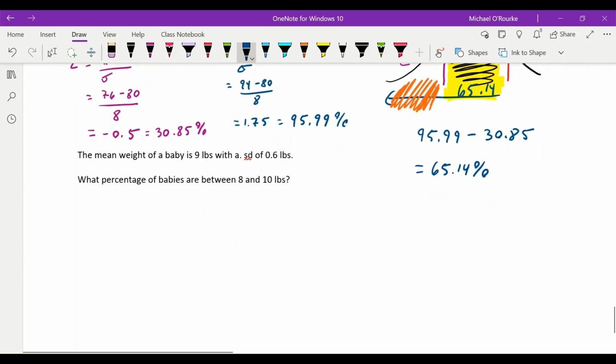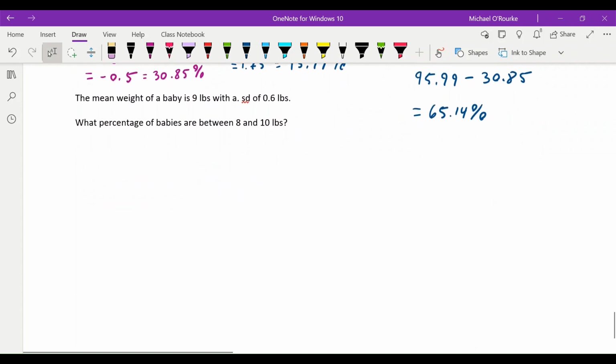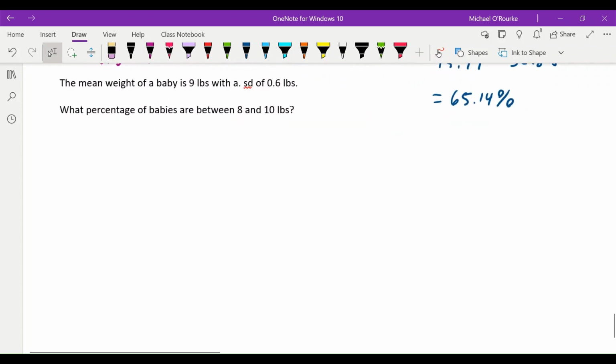Let's do one last one. So the mean weight of a baby being born is 9 pounds, and the standard deviation is 0.6 pounds. What percentage of babies are between 8 and 10 pounds? So we have to run this twice again. So we'll do 8 in purple. So z is x minus the mean divided by standard deviation.